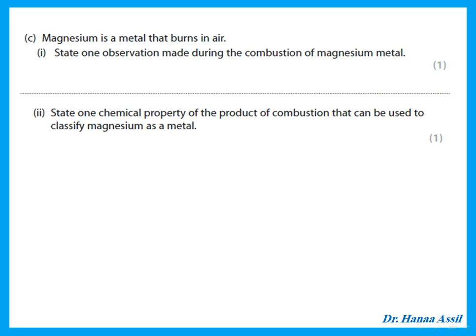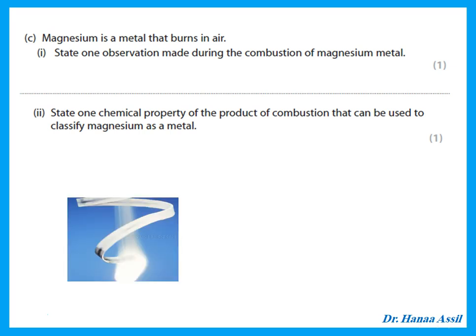Magnesium is a metal that burns in air. State one observation made during the combustion of magnesium metal. You should remember when magnesium burns, we said it will burn with a white flame or a bright flame. So he's saying during the combustion, the magnesium will burn with a white flame.